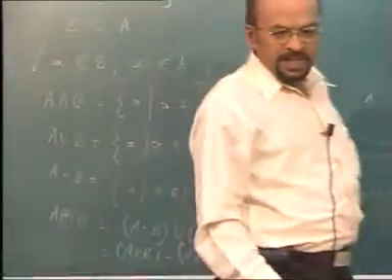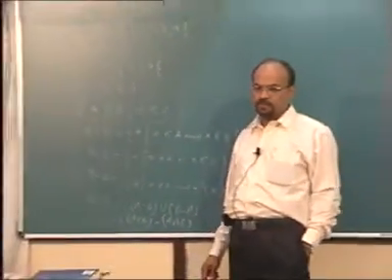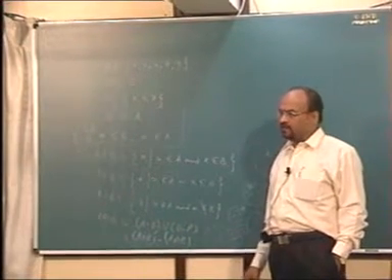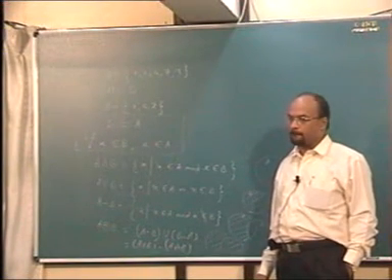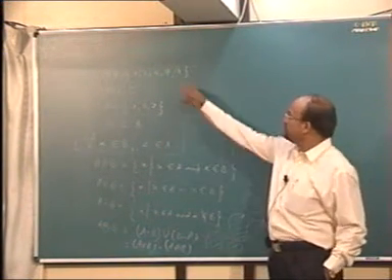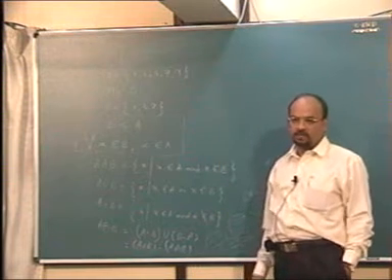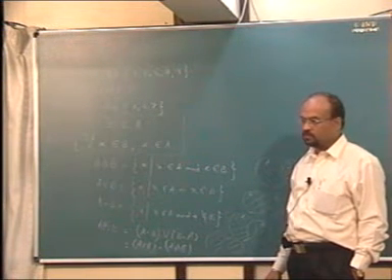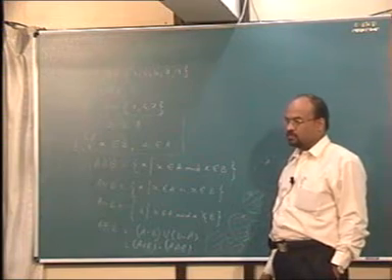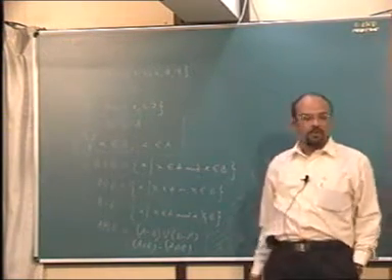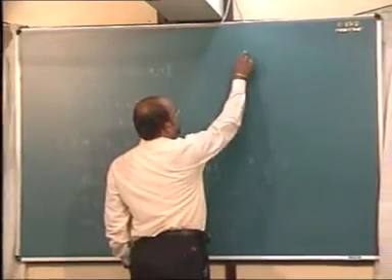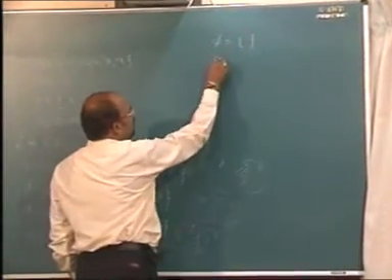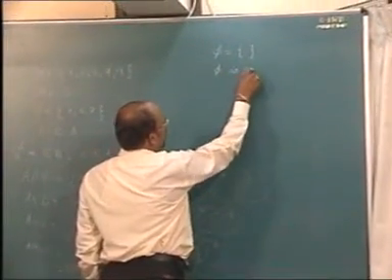How many subsets can a set have? This set A, how many subsets can there be? First of all, remember that we have a definition called the empty set phi, and phi is a subset of every set.